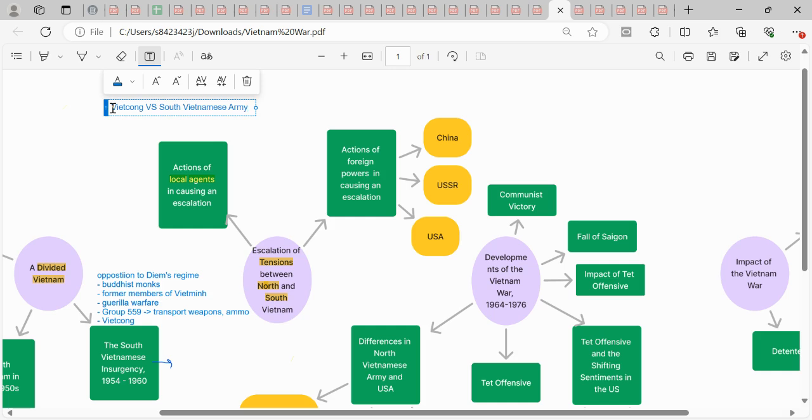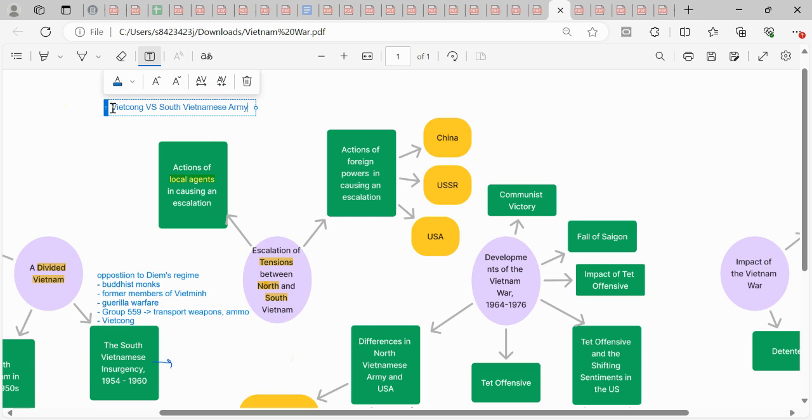All right, and the role played by the North would be to supply the Viet Cong with whatever was necessary. And this could also come in the form of fighters, meaning the North could supply the Viet Cong with reinforcements as and when.